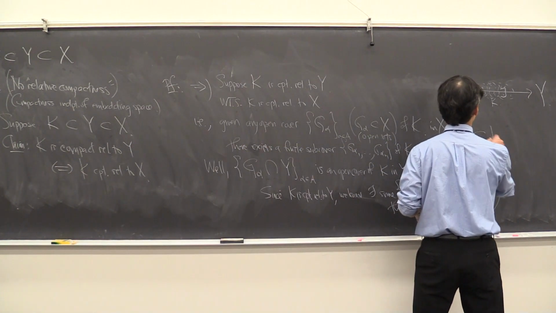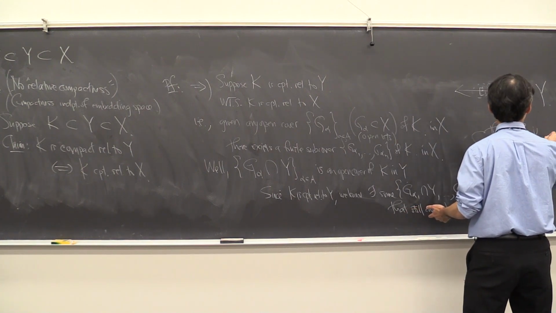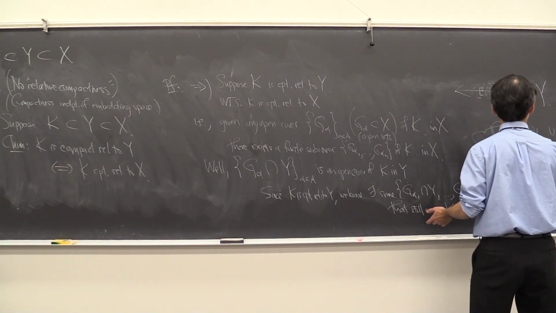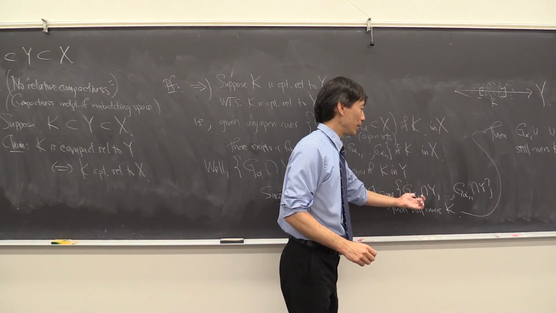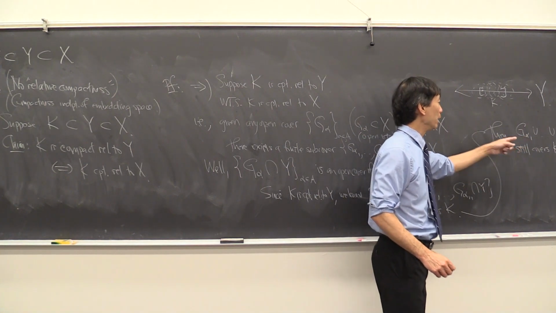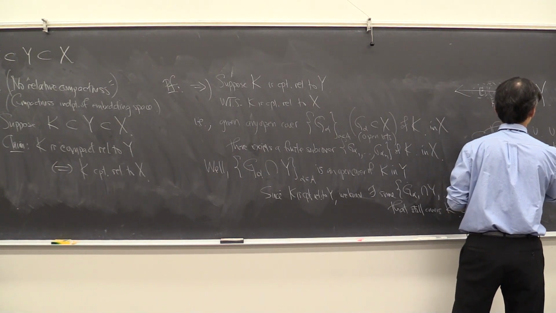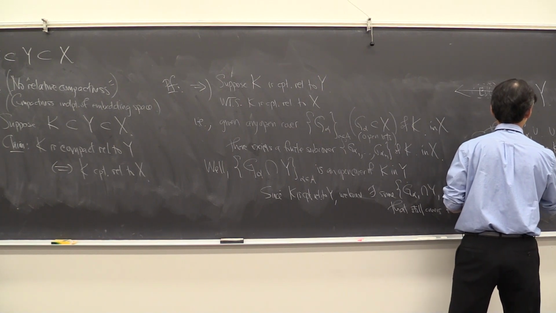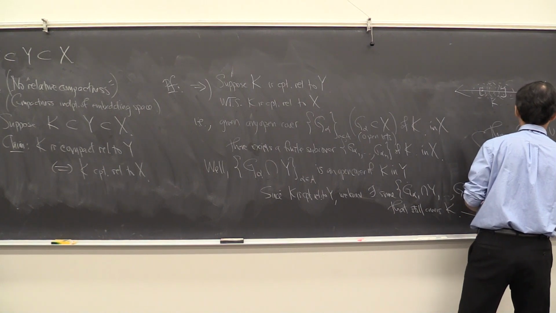But then G alpha 1 through G alpha n also still cover K, because if the intersections cover K, then certainly when we remove the intersections it's still going to cover K. And so they form a finite subcover of K in X.